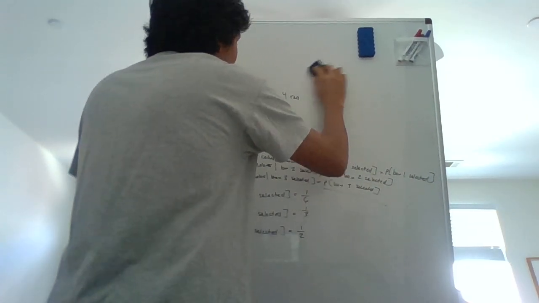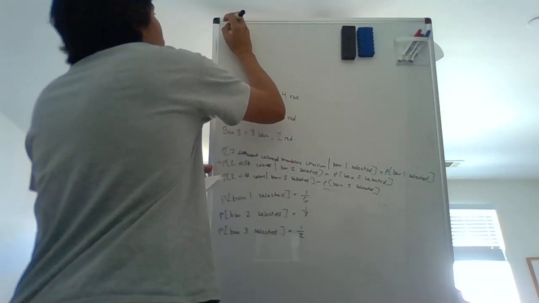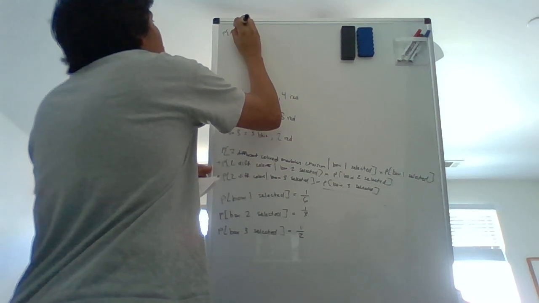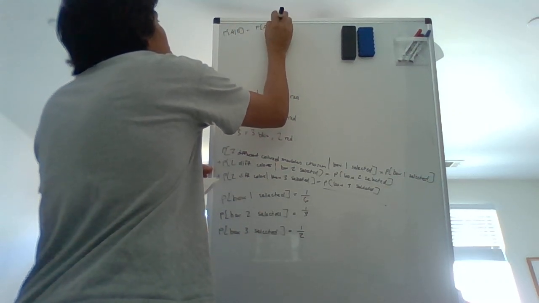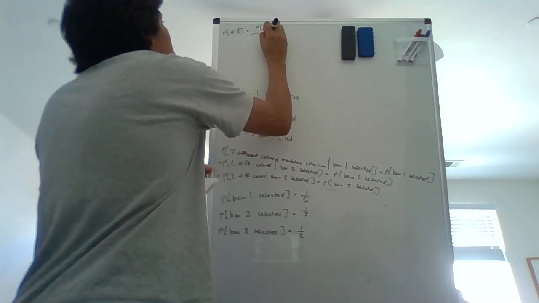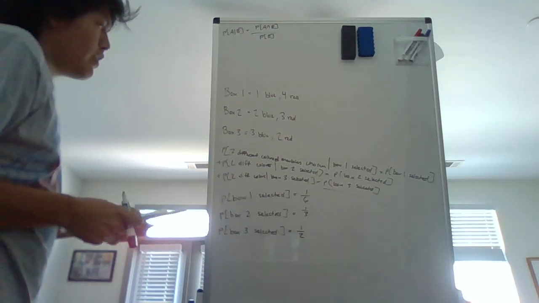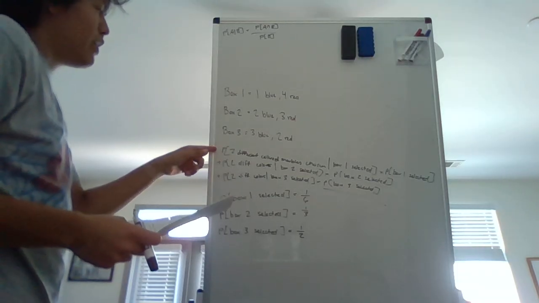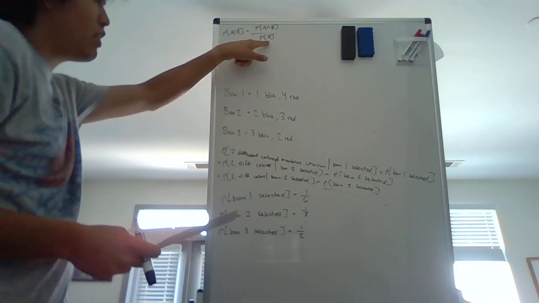We've already solved for that. So we're trying to find conditional probability A given B, that is equal to A intersect B over the probability of B. So we already have probability of B.